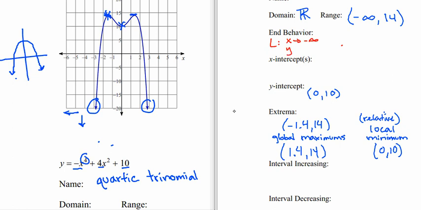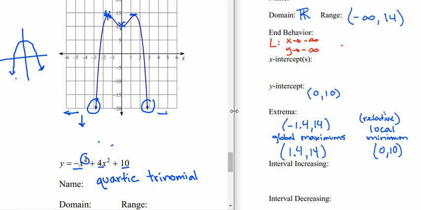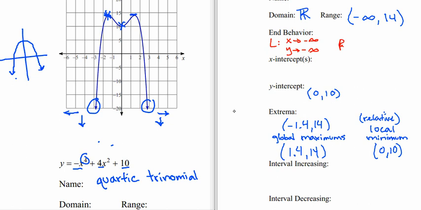The y values are going also down the negative direction forever. And what's happening on the right side? On the right side, we see that the x values are going in the positive direction, y values are going in the negative direction forever. X approaches infinity, y approaches negative infinity. All right.